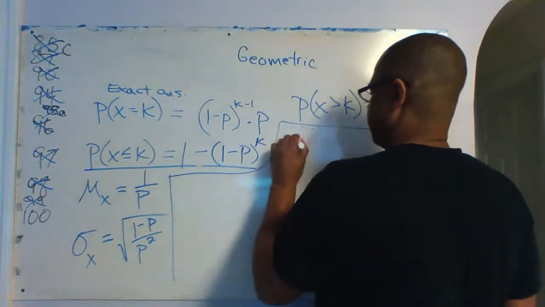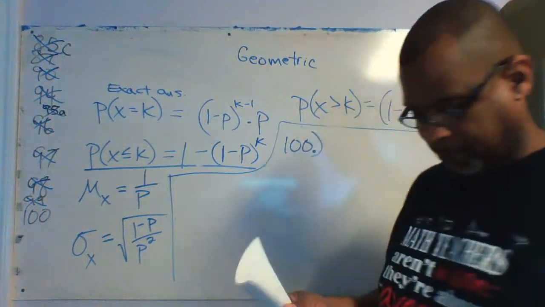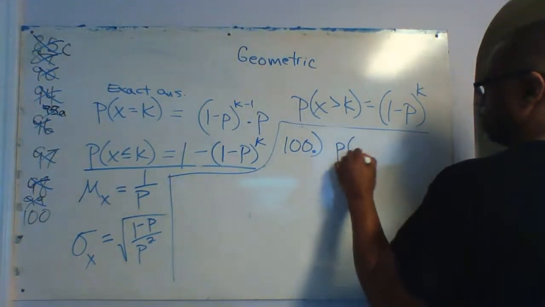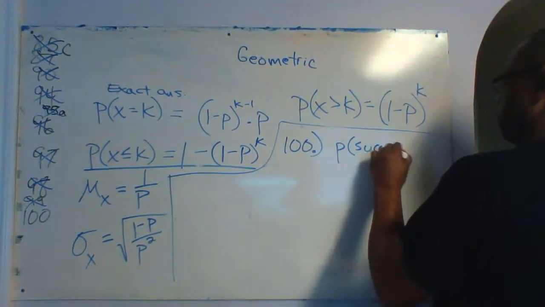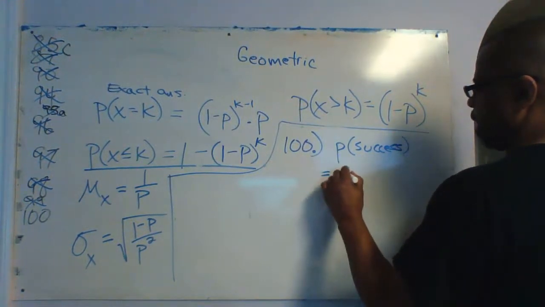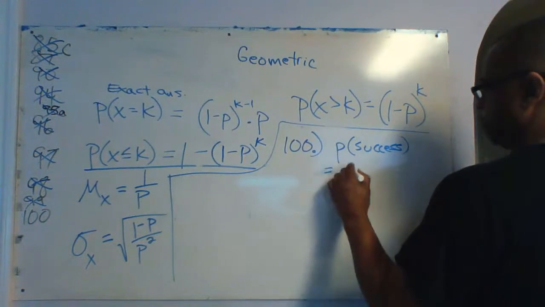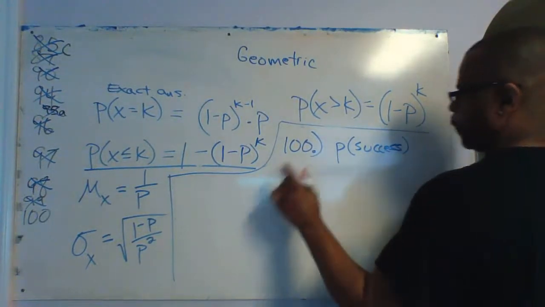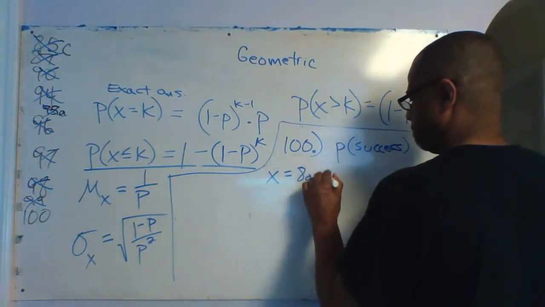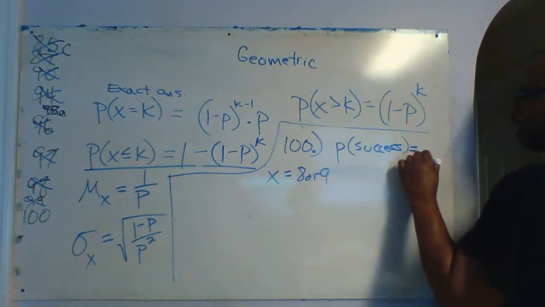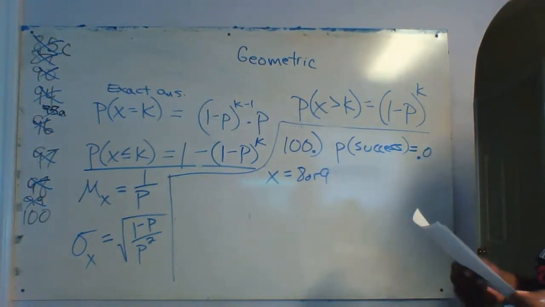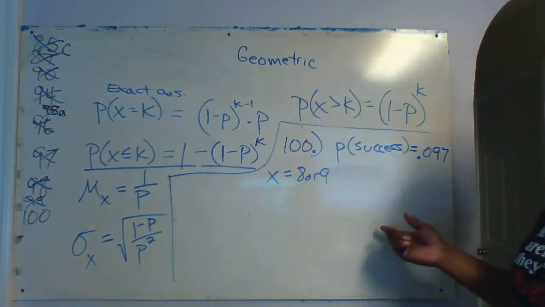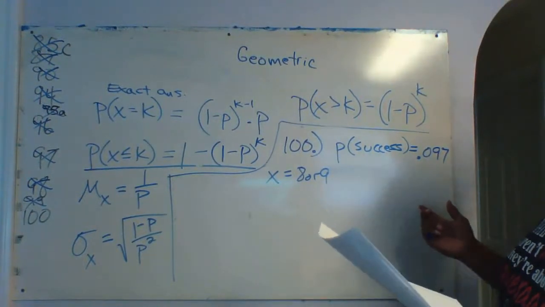Okay, now, your success is X equal to 8 or 9, and that success is going to happen with 0.097. Guys, if you go back and look at the chart on that page, I think it was 353.